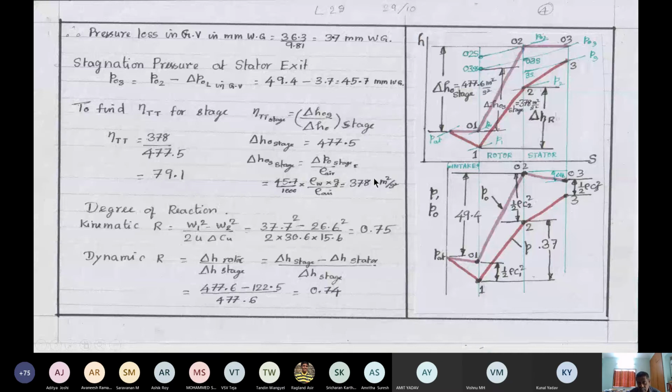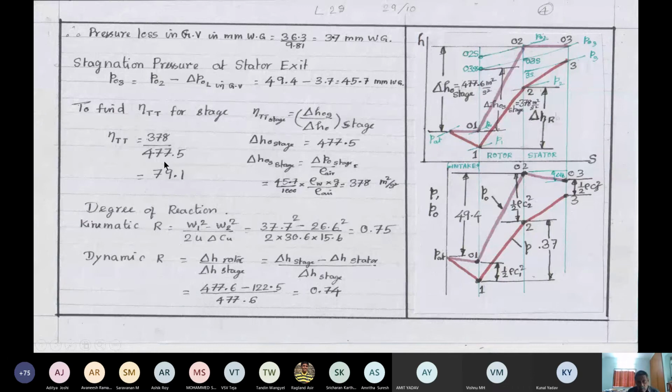Okay, so that is the pressure difference divided by rho of air. Entropy and enthalpy and pressure, they are directly related like this. So if you substitute here, you get around 378 for the isentropic enthalpy change. So these two, if you find out the ratio, you get 0.79 or 79.1%. That is total to total efficiency.